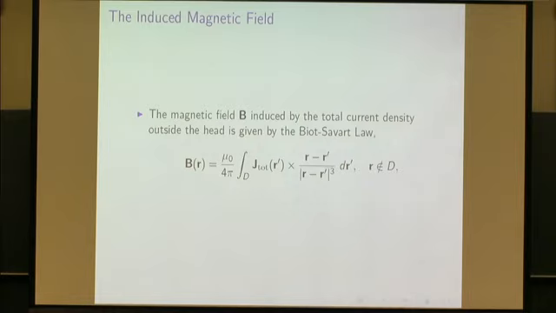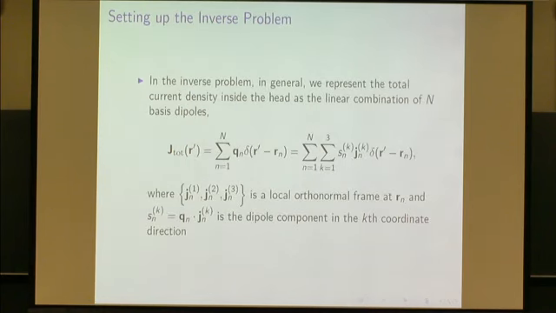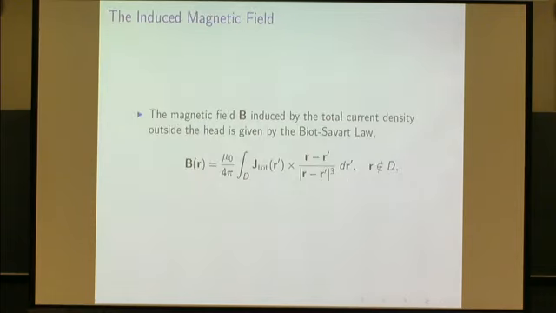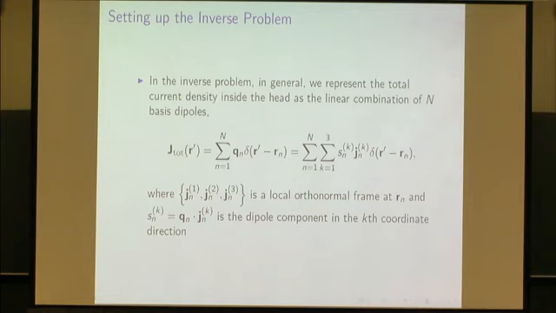Now, we are measuring the magnetic field outside the head and only some component of it. We also discretize this integral. You can use Gauss points, Gaussian quadrature, or Monte Carlo integration, whatever you decide to do. But the most common way of doing it is to approximate your J, and we adhere to this paradigm here.